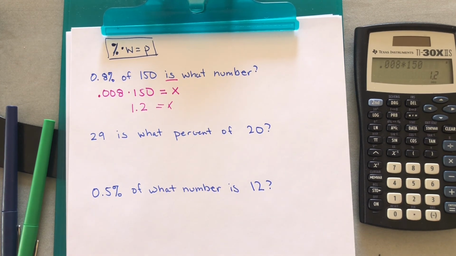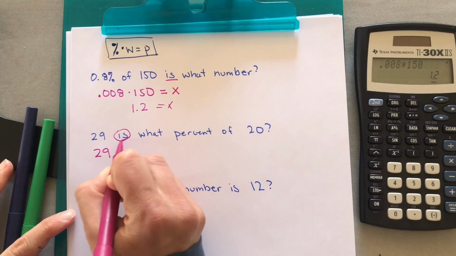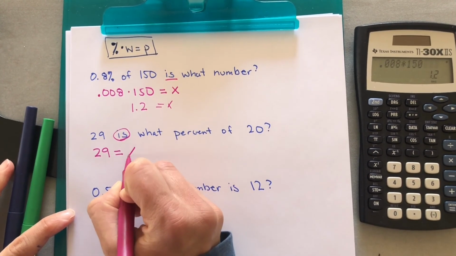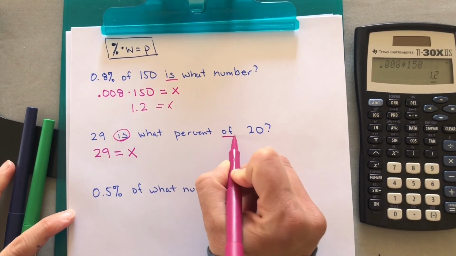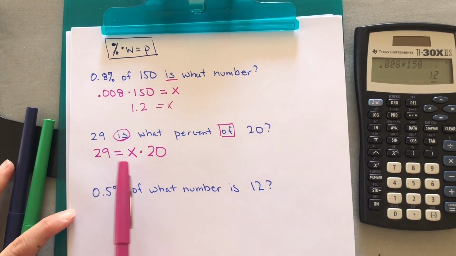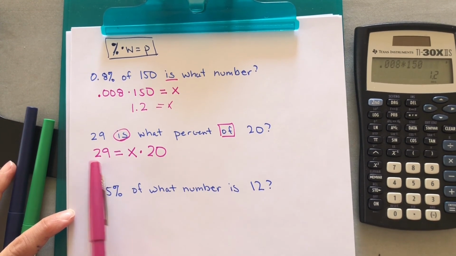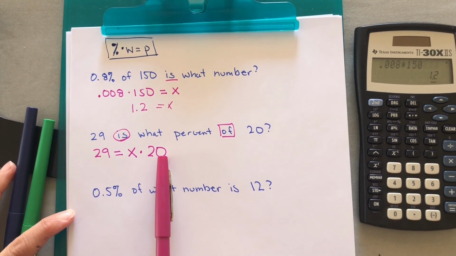All right, second question. 29 is what percent of 20? So 29 equals some missing percent times 20. What we're missing here is the percent, but we know that the part is 29, and we know that the whole is 20.